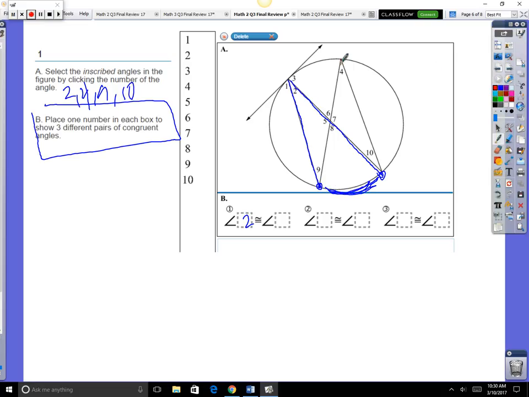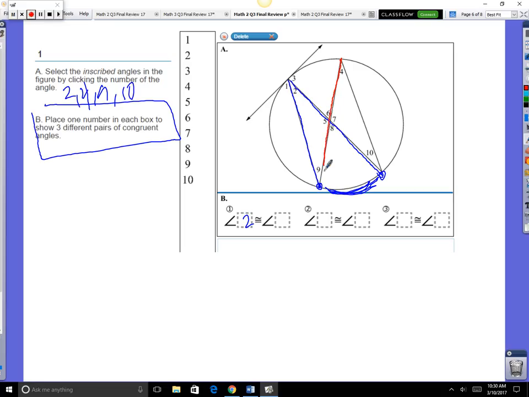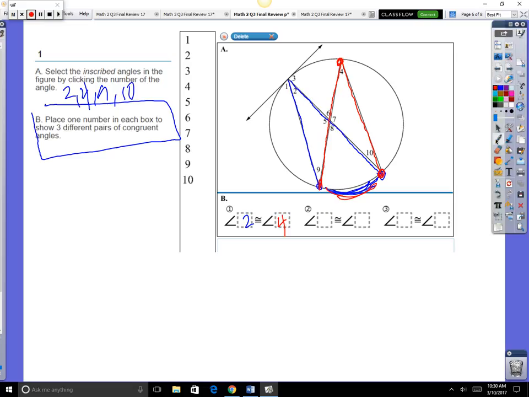Angle 4 starts at a totally different spot on the circle, but it ends at the exact same spot as angle 2, so it makes the same arc. So 2 and 4 are good. And so are your other inscribed angles, 9 and 10.